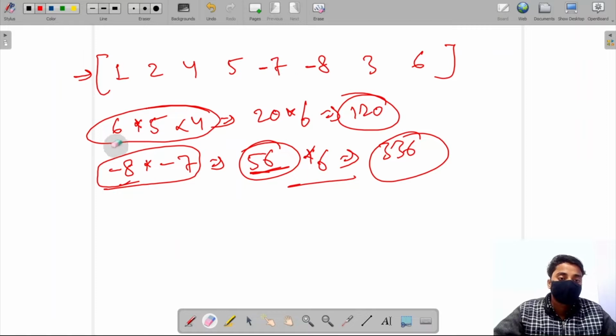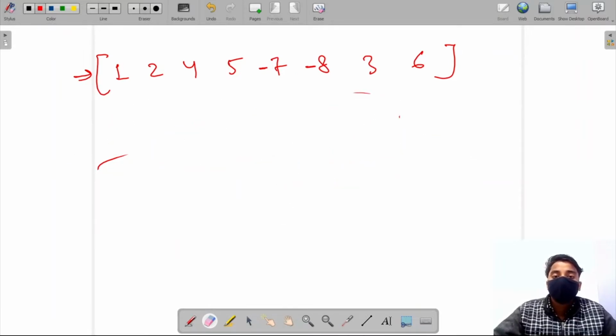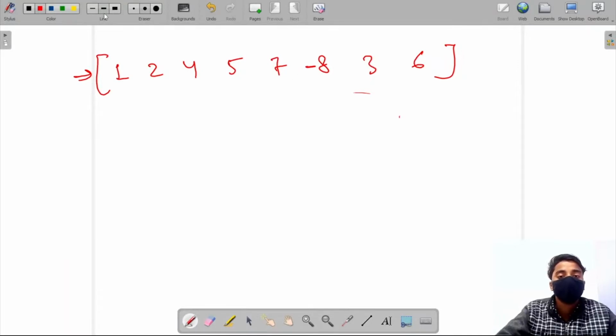Now let's take another example. Let's say instead of minus 7 and minus 8, we only have minus 8, that is only one number which is negative. Now the two smallest numbers are minus 8 and 1, and then 7.